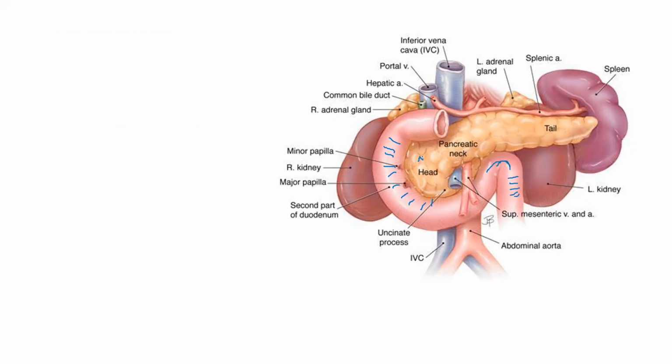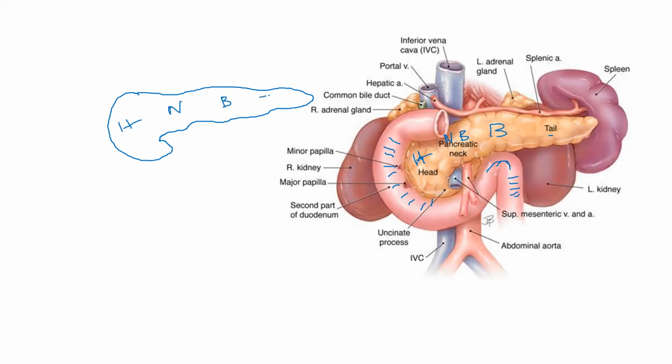You see the pancreas here, the head of pancreas, the body of pancreas, the neck is here, the body of pancreas, the tail of pancreas. This is the uncinate process. So pancreas, if you see, right? The head, neck, body, tail, uncinate process.